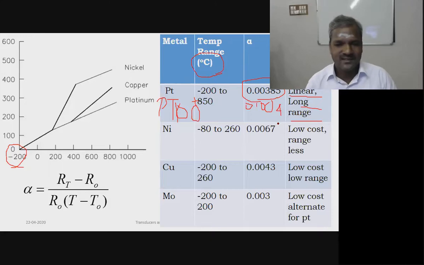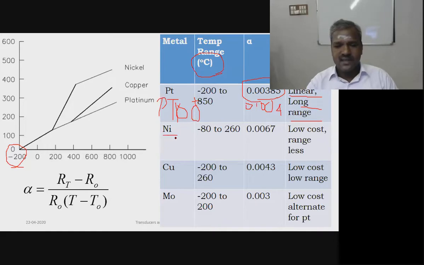Platinum ornaments, say jewels, are more costly than even gold, right? So PT100 is costly when compared with all the temperature transducers, because of the rare, very costly metal, platinum.